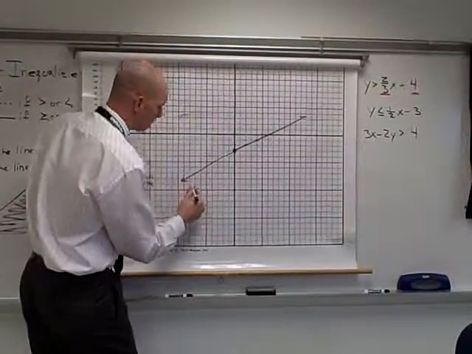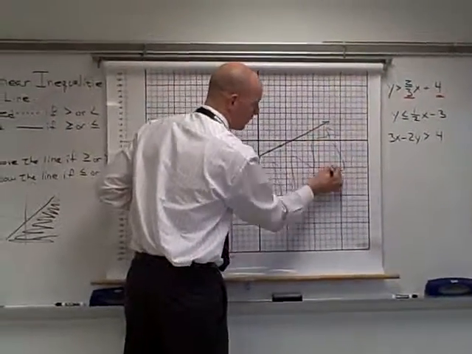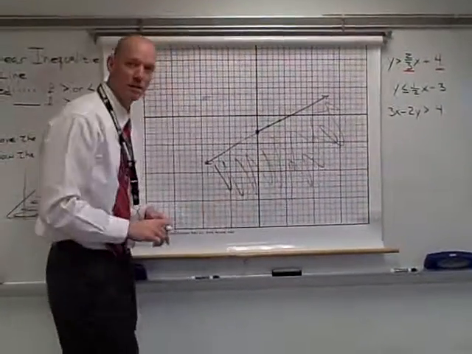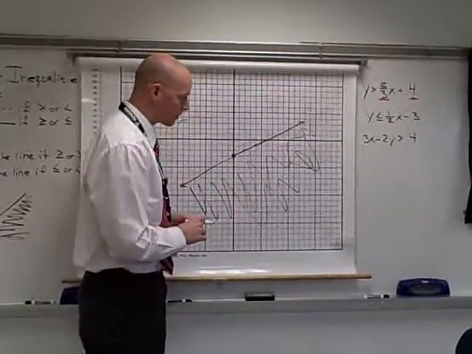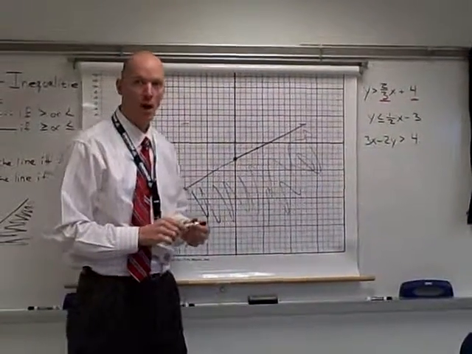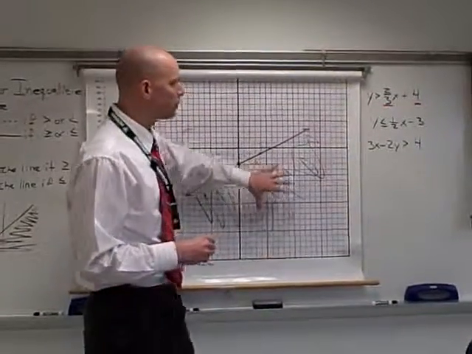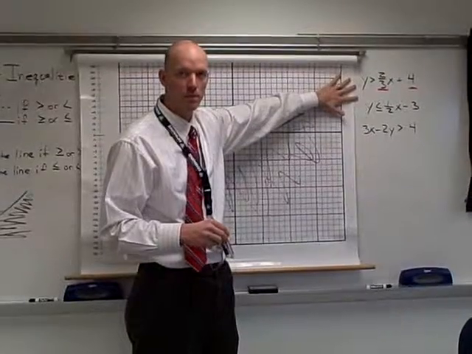And I'm going to be shading below. As you can see, you don't have to get carried away with the shading. That suffices as long as we can make an approximation of where the shading will take place. So those are two examples where the equation is already in slope-intercept form.